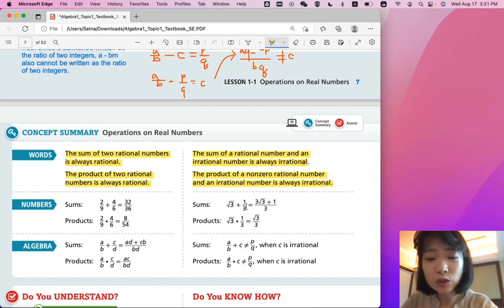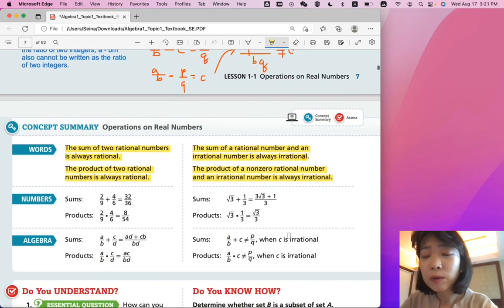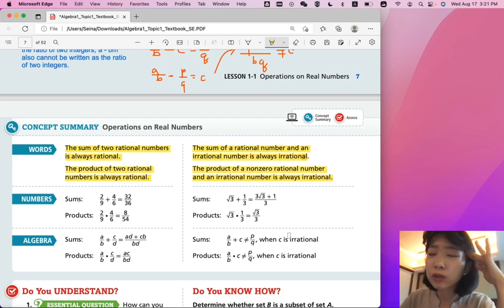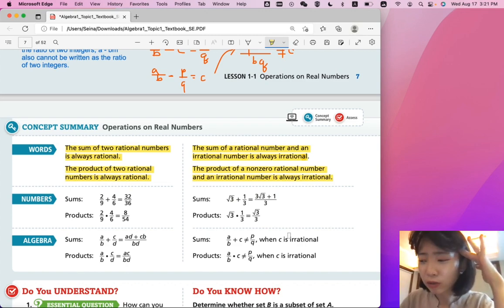Irrational plus rational and irrational times rational, you know you're going to get an irrational number. Okay? So even without knowing what the numbers exactly are, you should know rational times rational is rational, but rational times irrational is irrational.